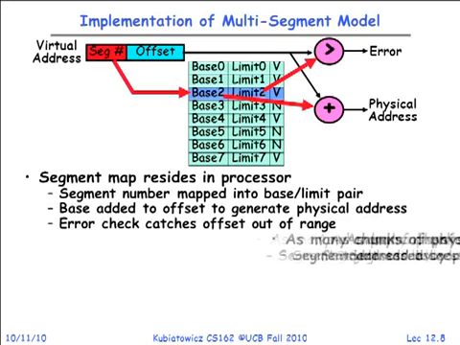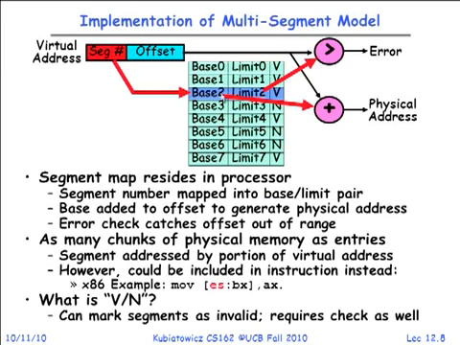At best, this kind of hardware support really only lets us swap out whole chunks, whole segments at a time. In which case, we swap a whole segment out. We could mark this as N. And then if they go to try to access that segment and we get a segmentation fault, at that point, we could swap that segment back in from disk.